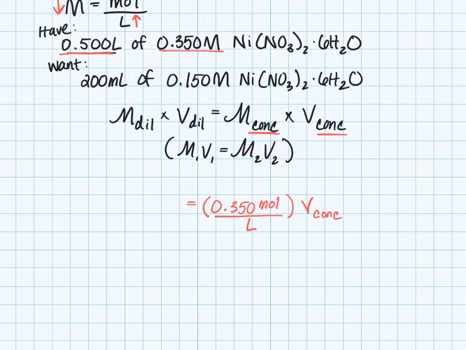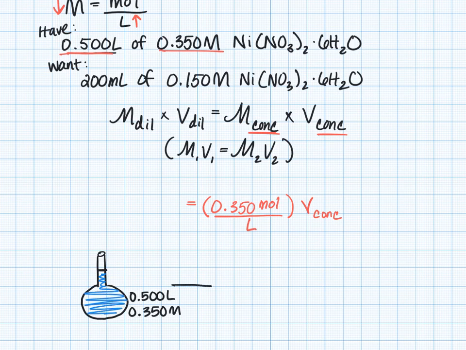When you're diluting a solution, you are taking part of, let me draw this, you're taking part of the original, so this is your original, you have 0.500 liters of 0.350 molar solution, and you're diluting, in this case, into a smaller volume.